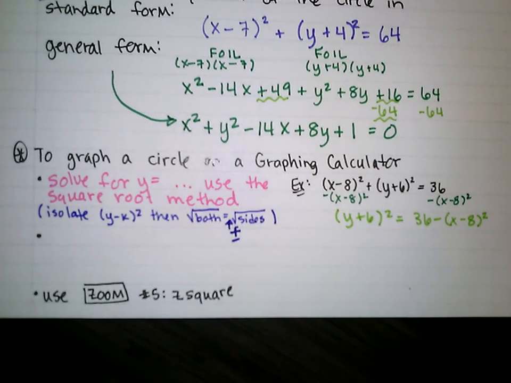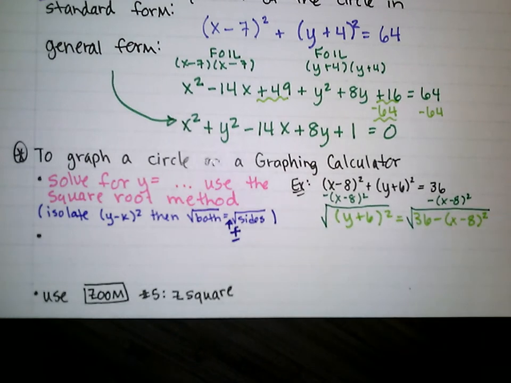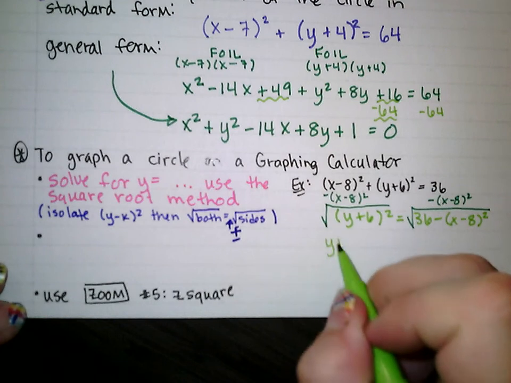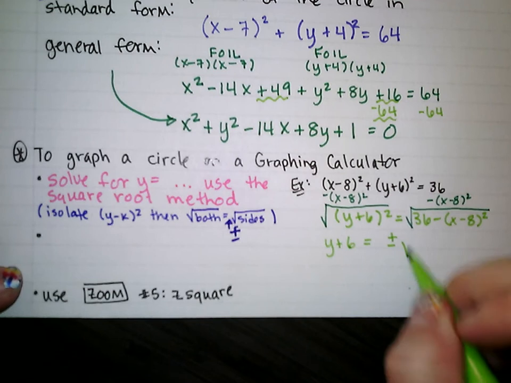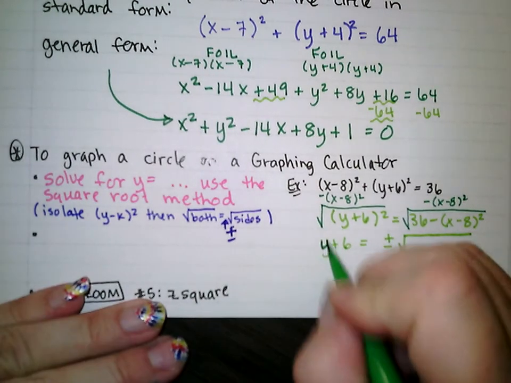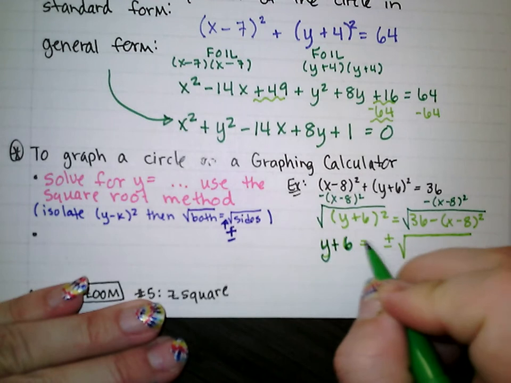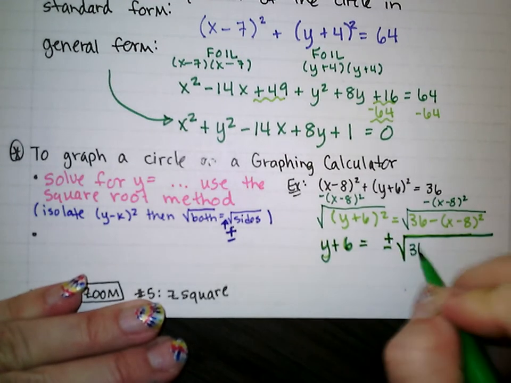Then I'm going to take the square root of both sides. And I'll have y plus 6 on this side and plus or minus this whole thing on the other side. So y plus 6, because I square rooted a square, plus or minus this whole thing.